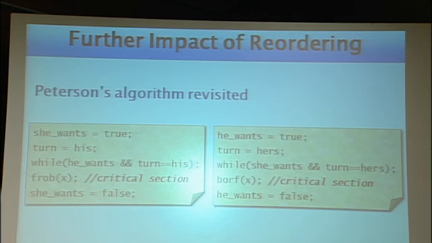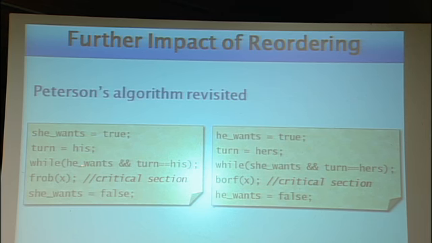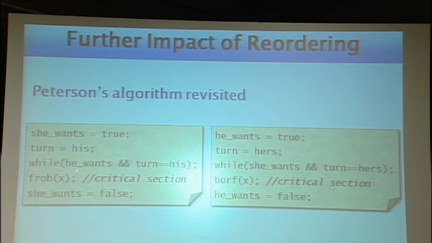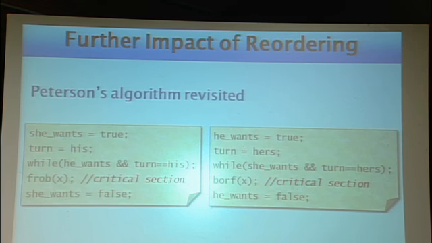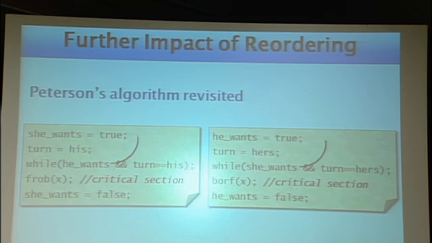On the while statement, you do a load, right? He wants is a load, and that will get reordered. Where could that be reordered to? All the way to the top. Similarly, this one can be reordered all the way to the top.